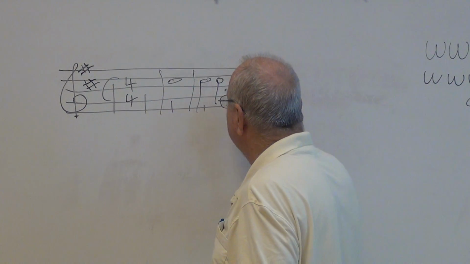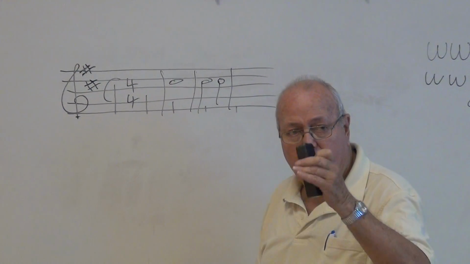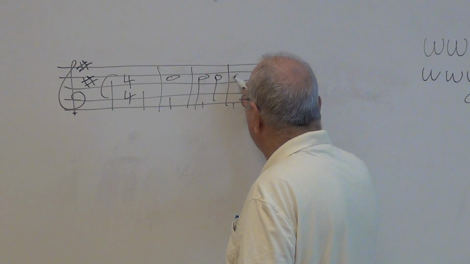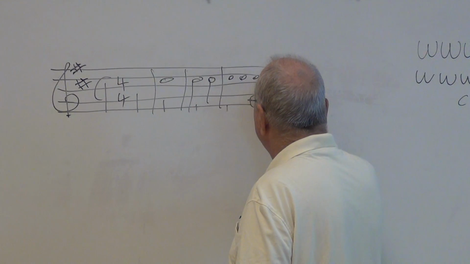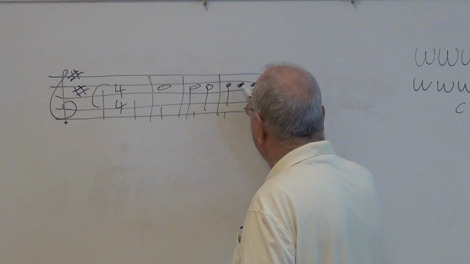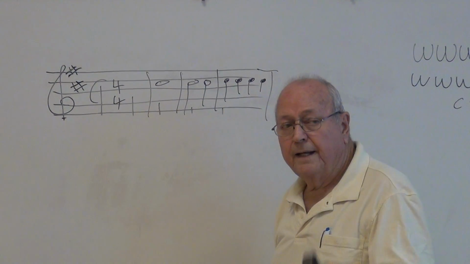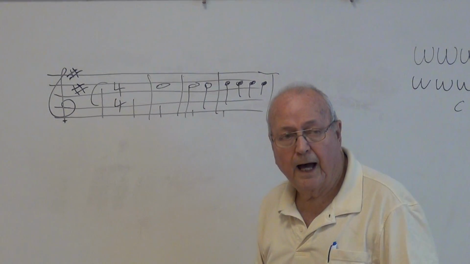A half note, and then another half note would be da, da, and then you get into quarter notes. These are filled in, and that's the count for that measure. So that'd be da, da, da, da.